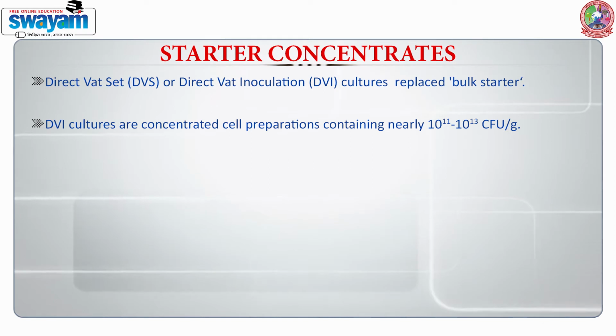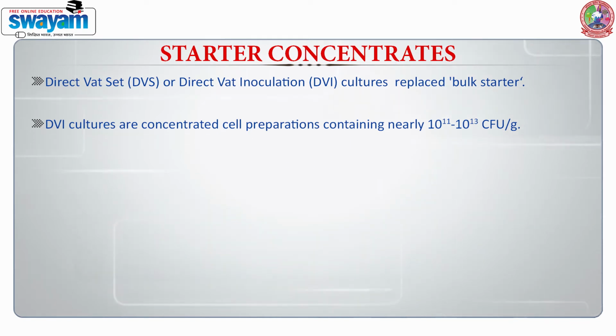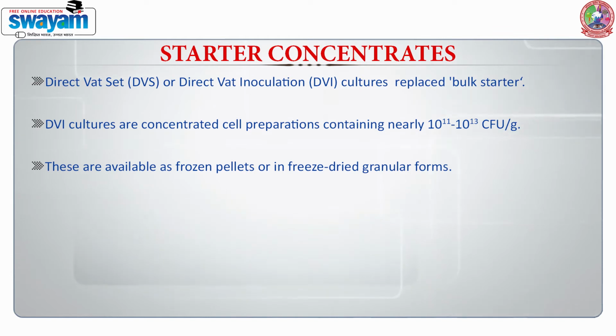DVI cultures are concentrated cell preparations containing a very high count of 10 raised to the power 11 to 10 raised to the power 13 colony forming units per gram of the starter. These are available in two physical forms, as frozen pellets or in freeze dried granular forms.